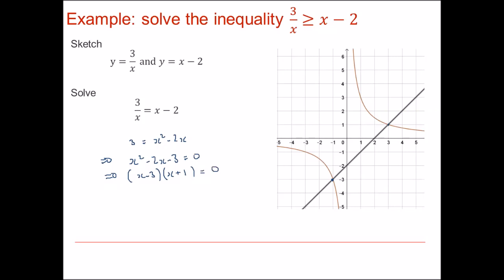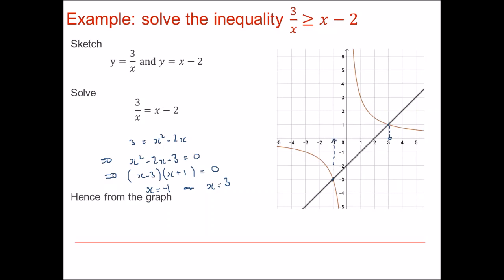So therefore we've got our values of x equals negative 1, or x is equal to 3. We can see that on the graph, although you shouldn't rely on your graph to give you the values.